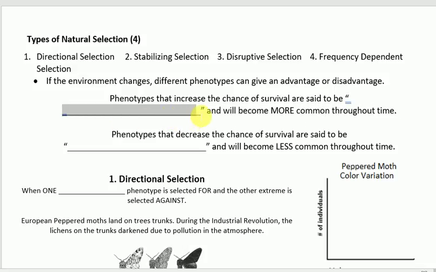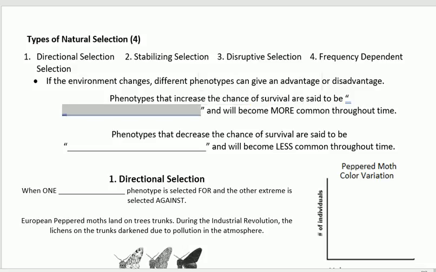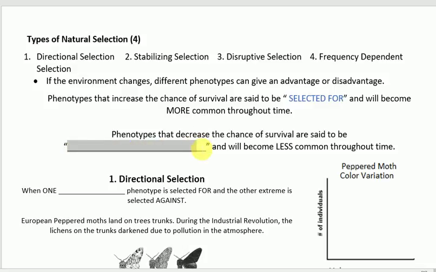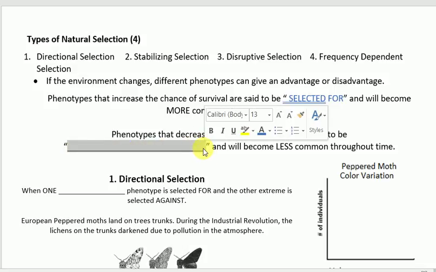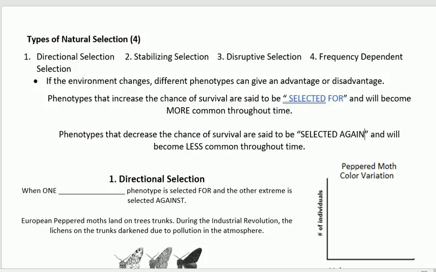So those phenotypes that increase the chance of survival are said to be selected for, and they will become more common throughout time. Those phenotypes that decrease the chance of survival are said to be selected against, and they will become less common throughout time.